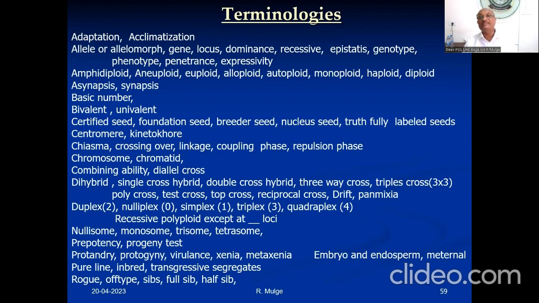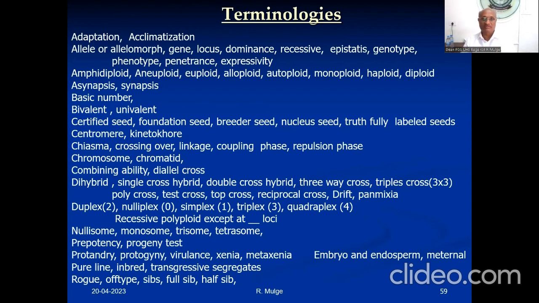Autopolyploid, a polyploid arising through the multiplication of the complete haploid set of a species. So that means whatever haploid set is there, it is a copy, the same set of chromosomes.